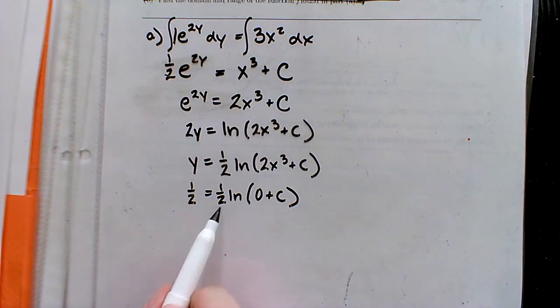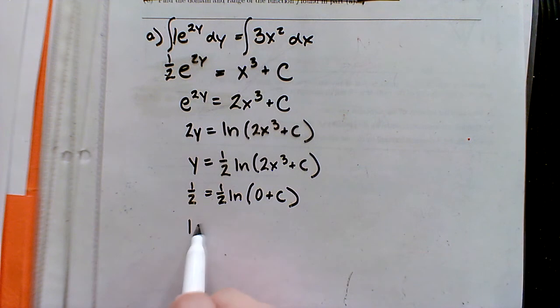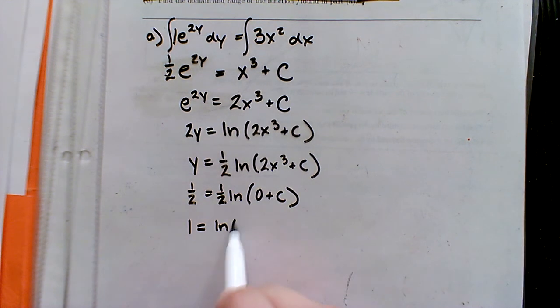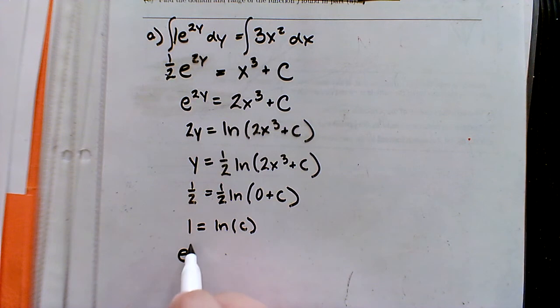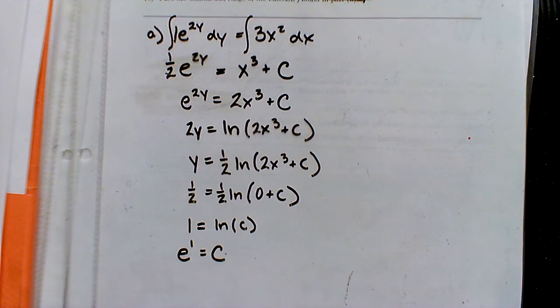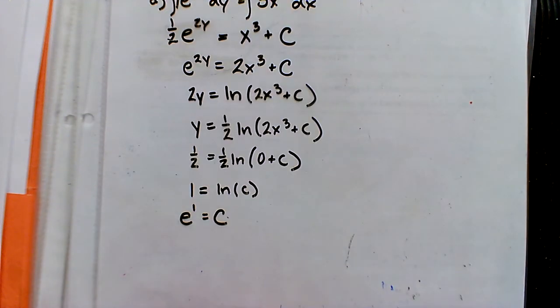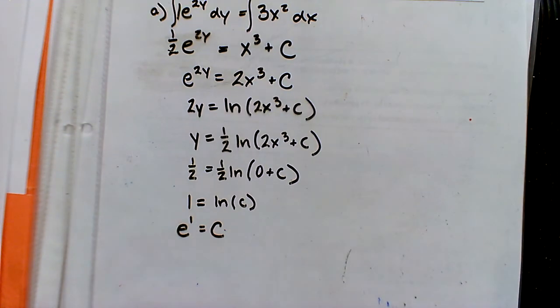All right, so we can divide the 1/2 over. We would get a 1 on the other side. And then to get c by itself, we'd have to move the natural log over, but that would become a base of e, and the power would be 1. So our c value is e to the first. You would get another point if you found that correctly.